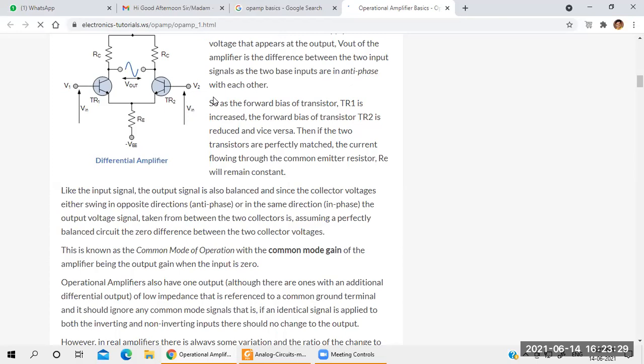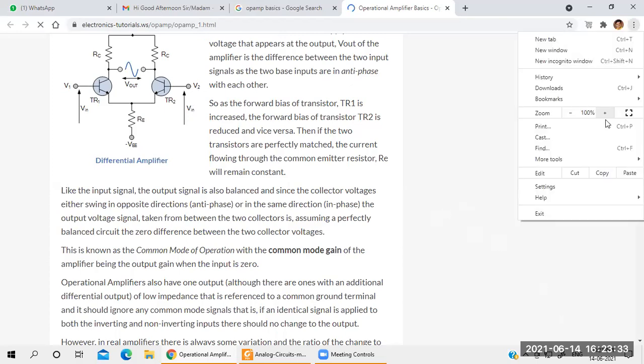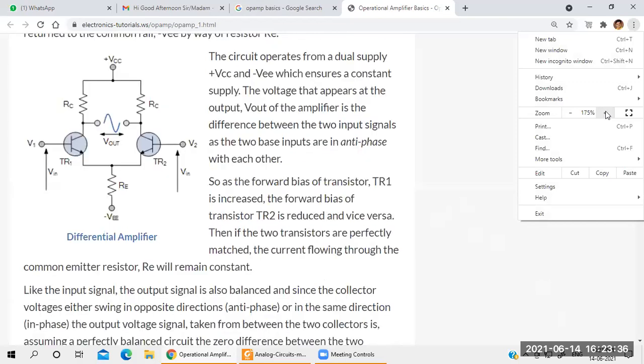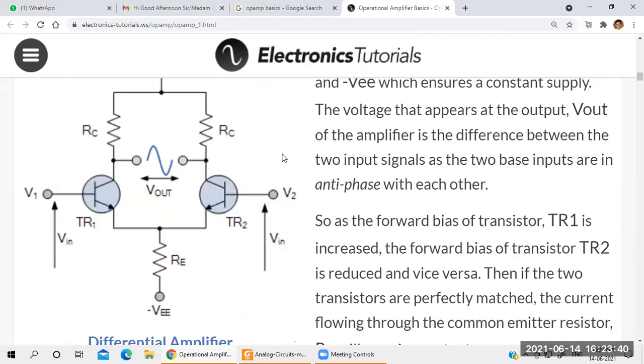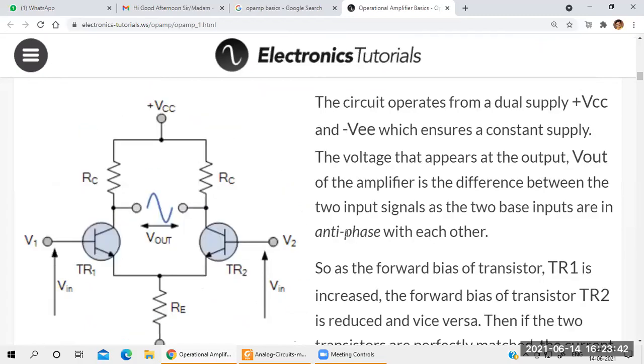Yes, sir. Okay. See, this is actually the op-amp circuit diagram. Okay, this is the exact circuit diagram for the op-amp. So what is taken, that triangular shape, that is only the symbol of the op-amp here.